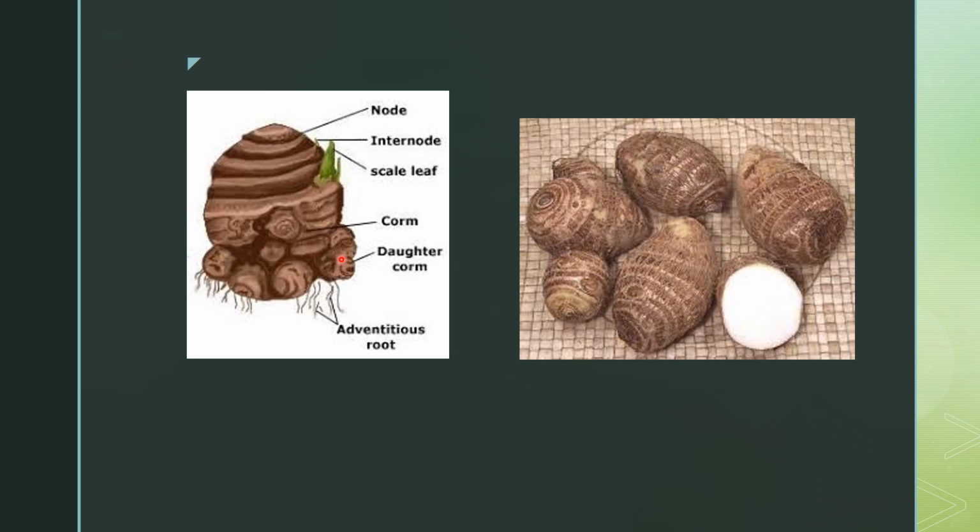As you see in the picture, there are new corms born at the base.